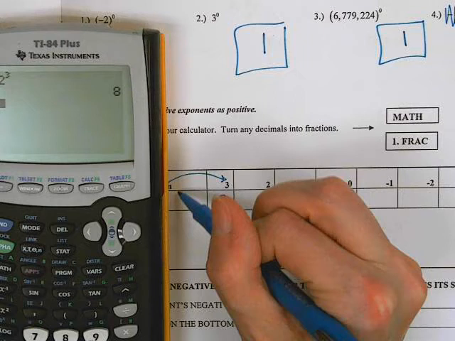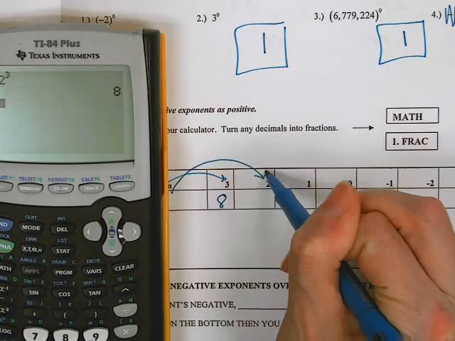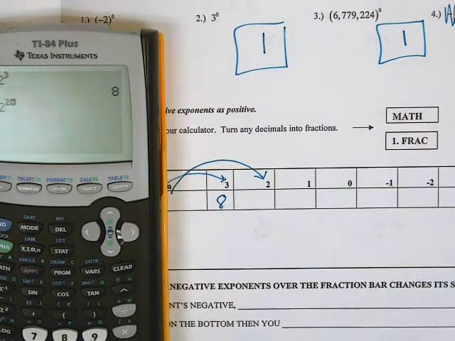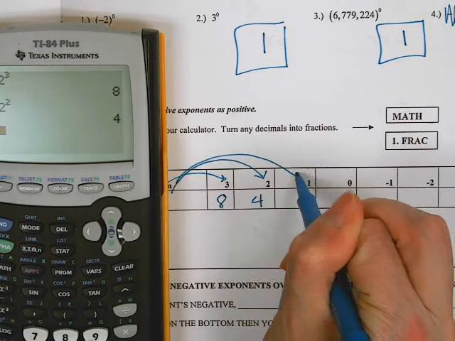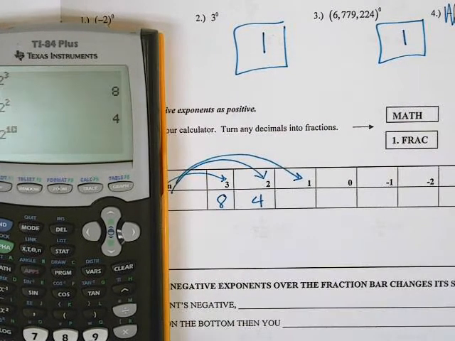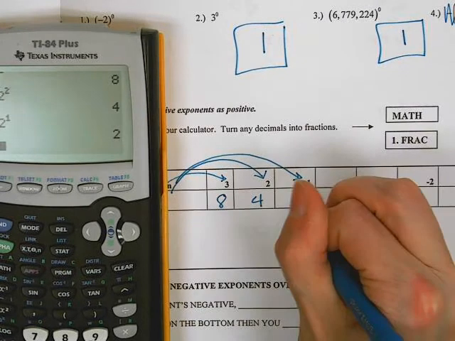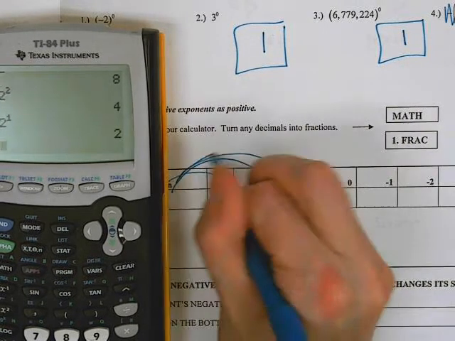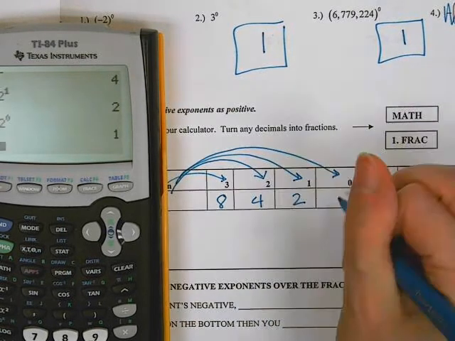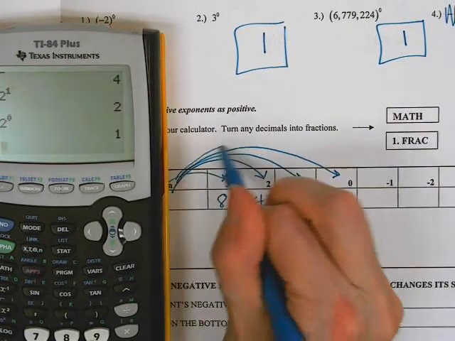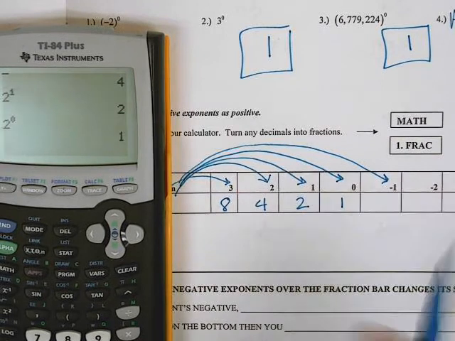Now do 2 to the 2nd power. That's 4. And now do 2 to the 1st power. That's 2. And now do 2 to the 0 power. And that's 1.